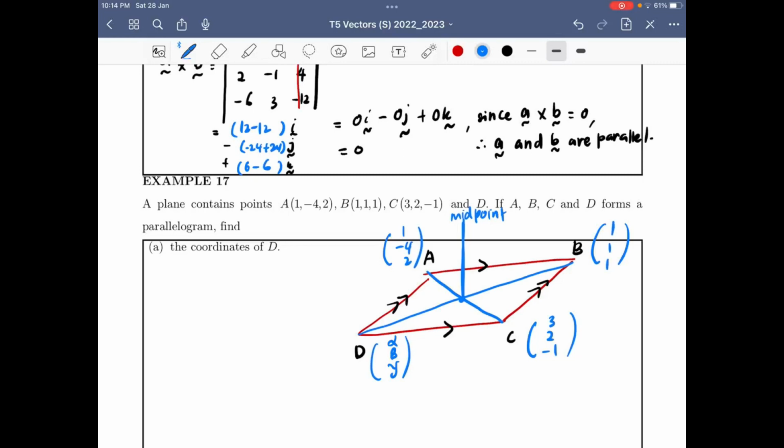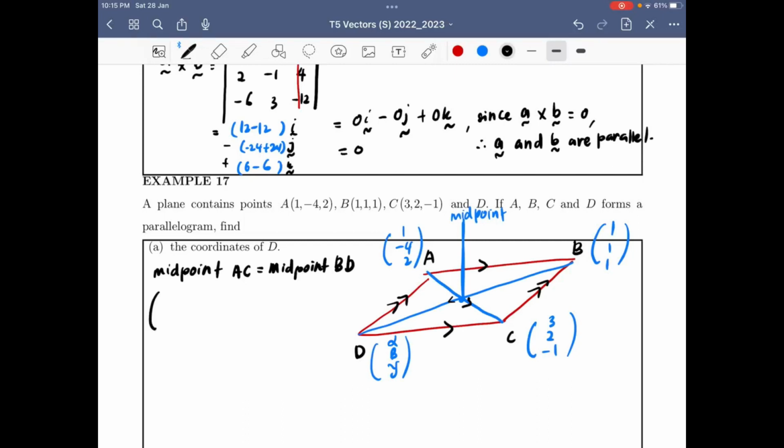So midpoint of AC must be equal to midpoint BD. Right, how to find midpoint for AC?